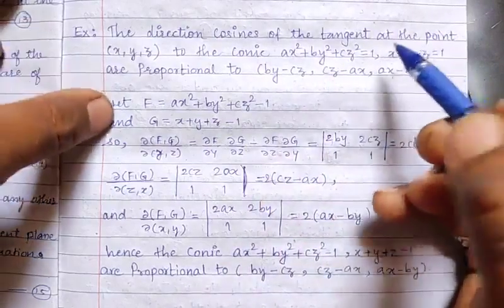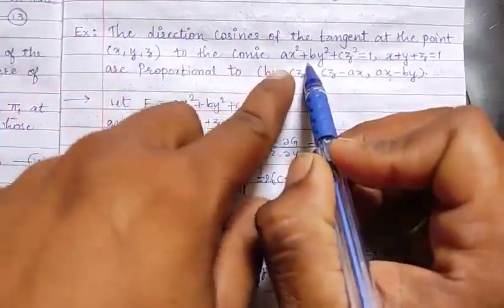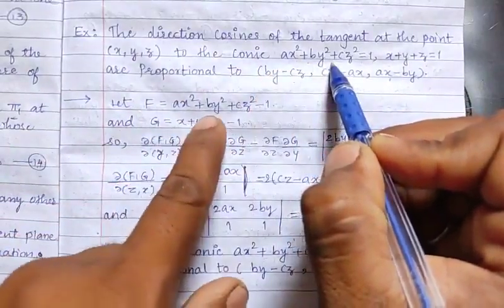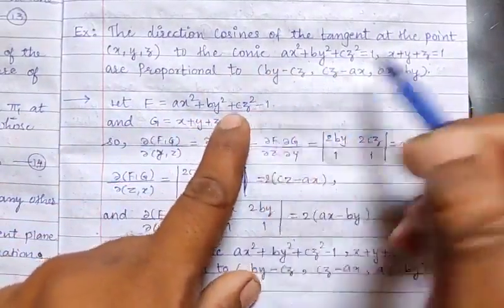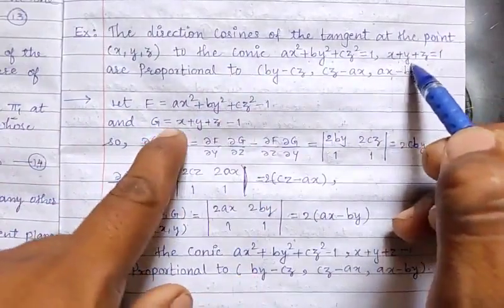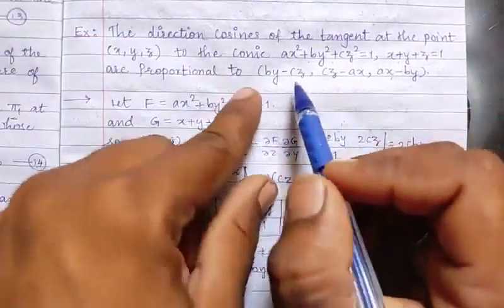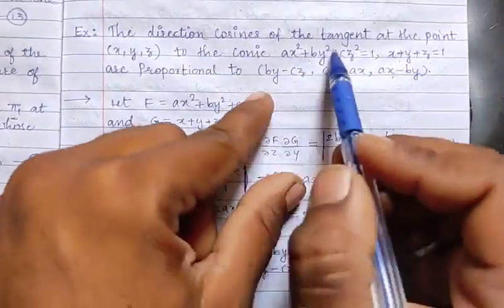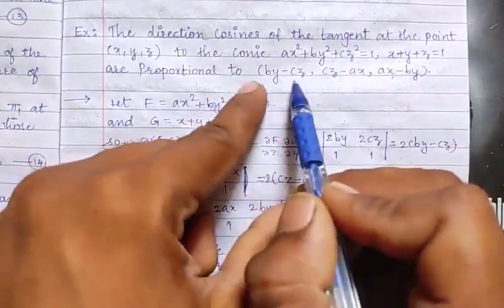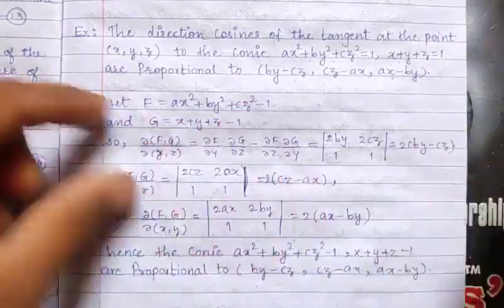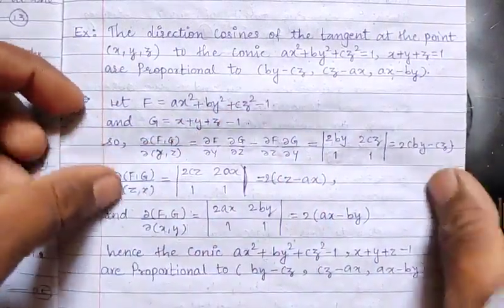We have two curves. The first equation is f(x,y,z) = ax² + by² + cz² − 1, and the second equation g is x + y + z − 1. Now we have to show that the proportions will be by − cz, cz − ax, and ax − by. Okay, so let's see.